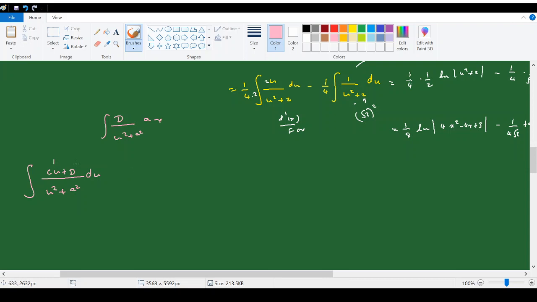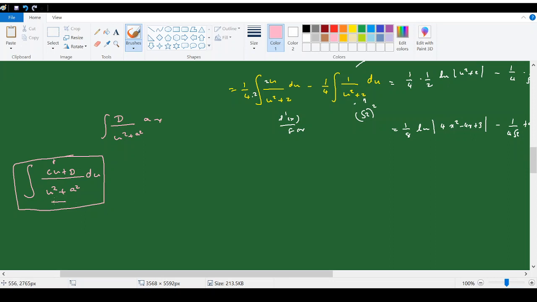So the only problematic situation is the case where you have an irreducible quadratic expression in the denominator and a first degree polynomial in the numerator. The irreducibility is important, because otherwise you can factorize it and go for partial fractions.